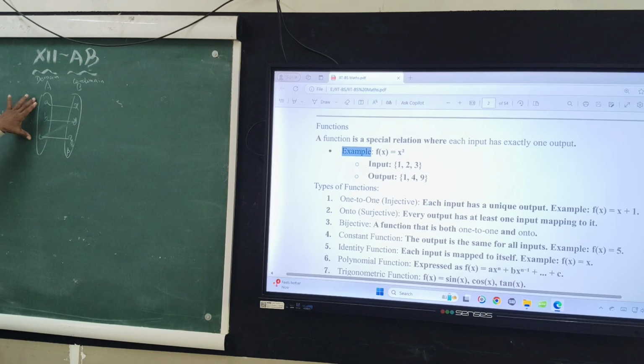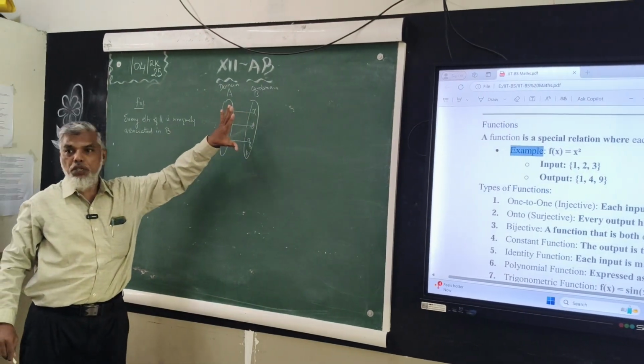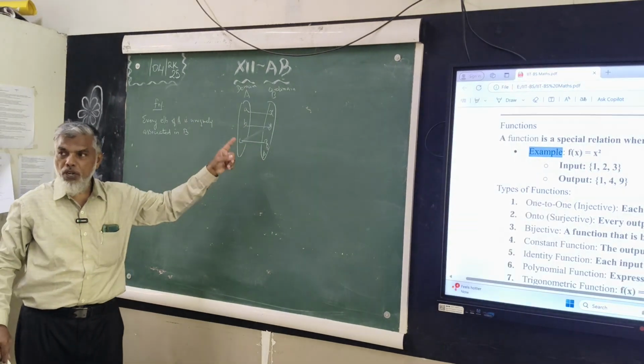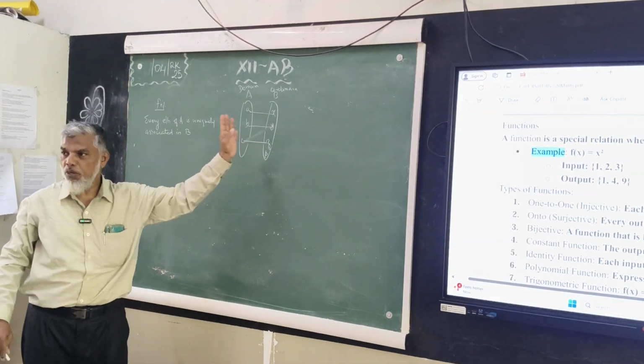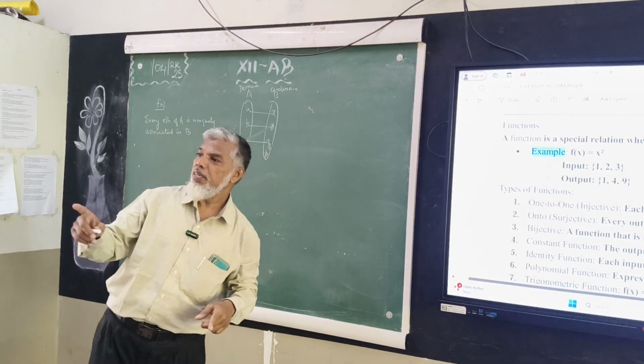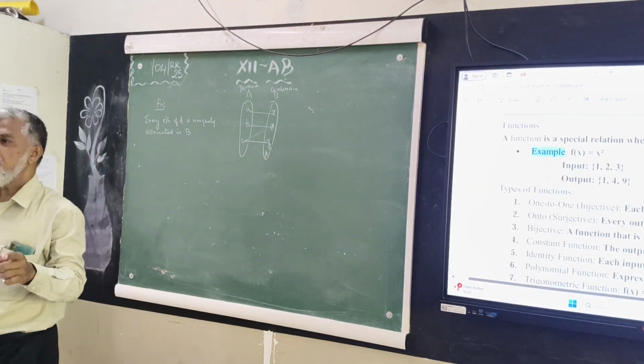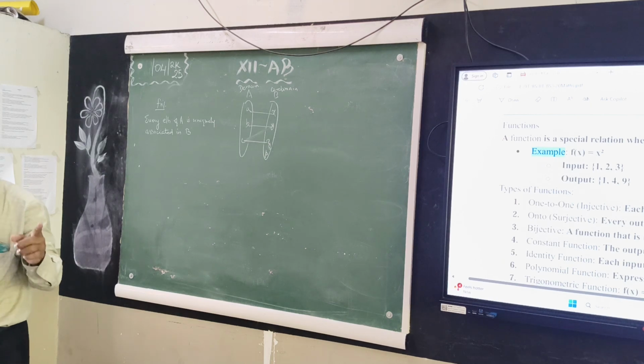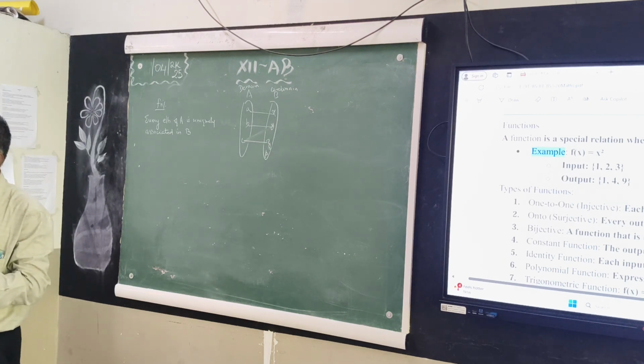How many elements in A? 3. How many elements in B? 4 elements. Is it 1-1? Yes, 1-1, because each element is uniquely associated in B. How to prove 1-1?